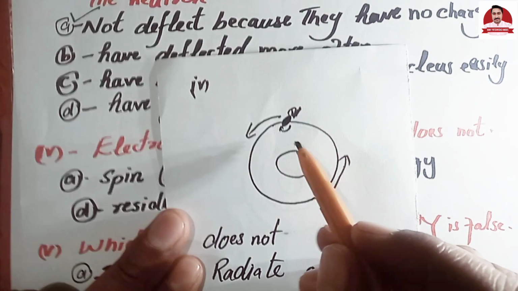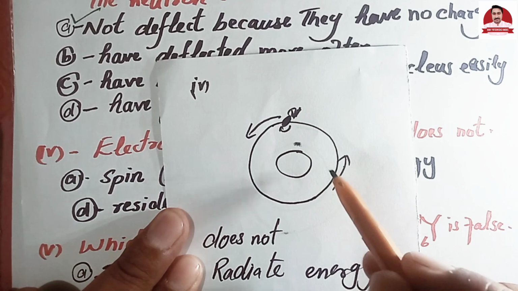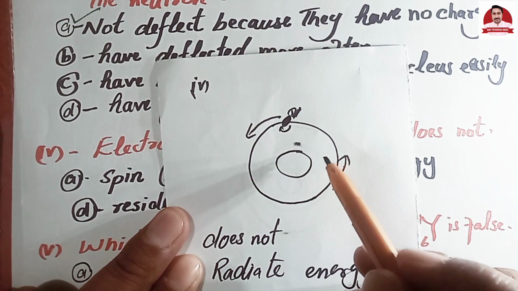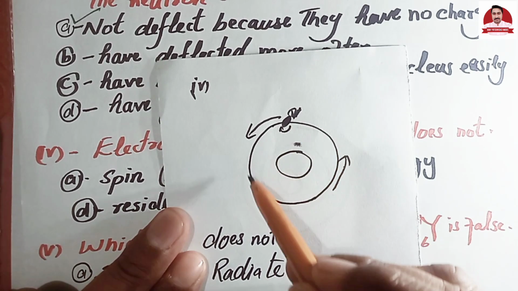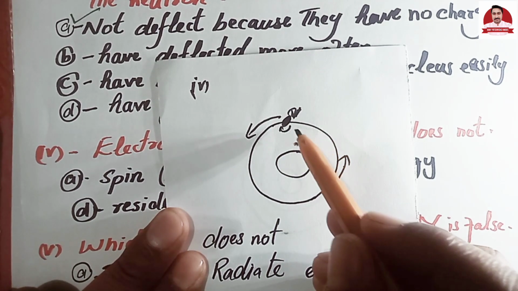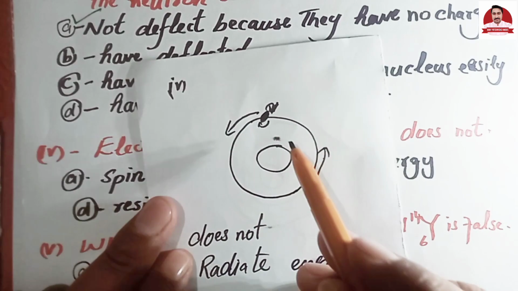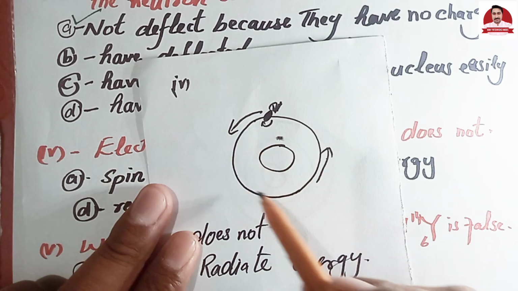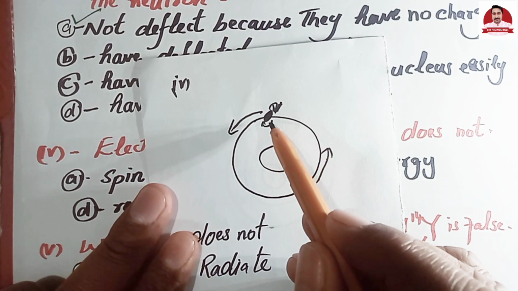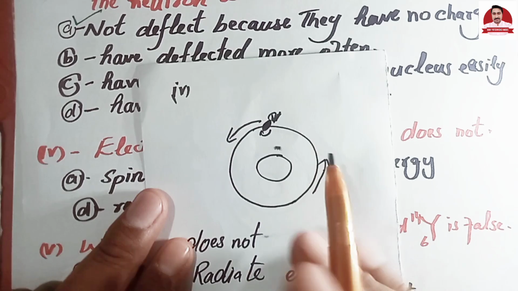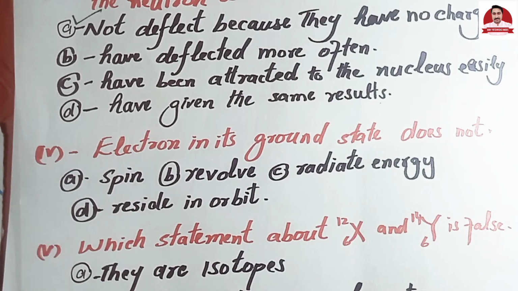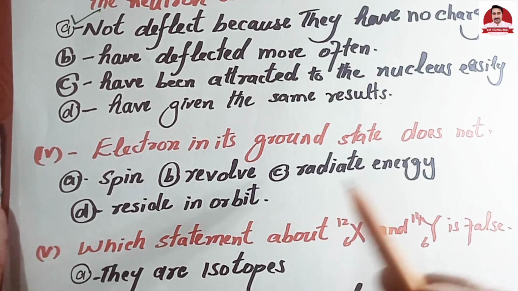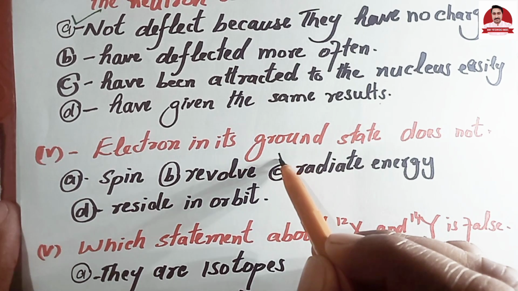Electrons revolve, electrons spin, electrons reside in the same orbit, but when an electron is in the same orbit, it does not radiate any energy. So option C is correct.